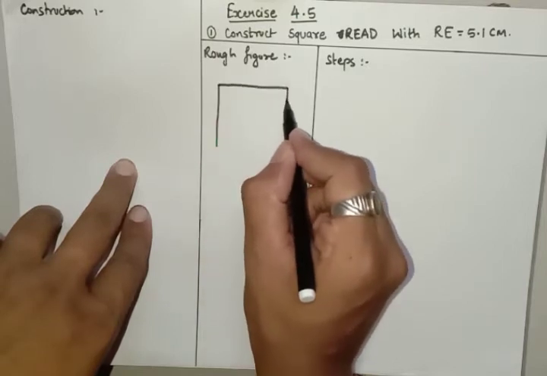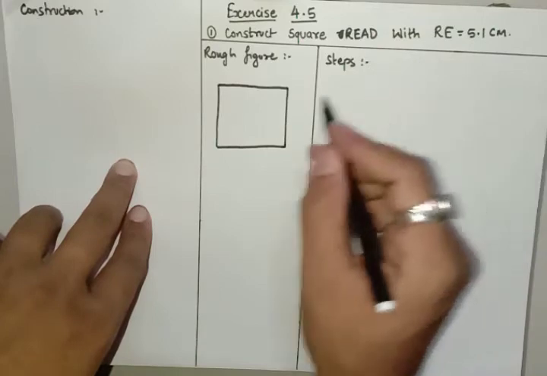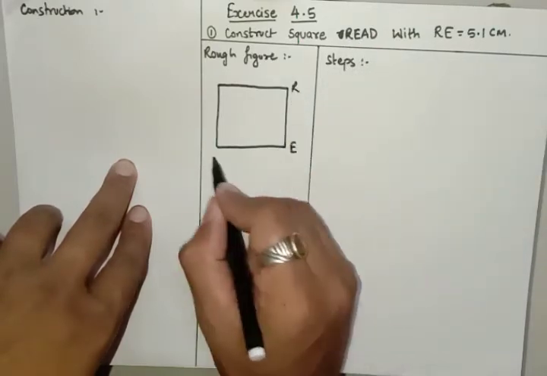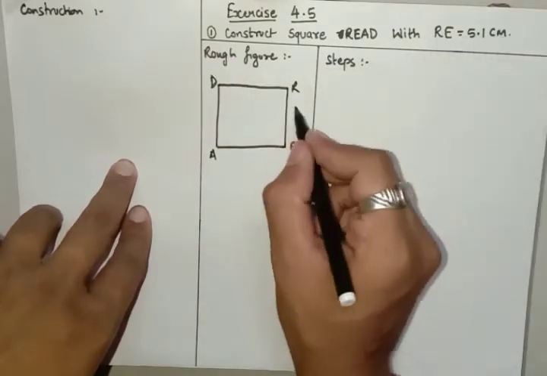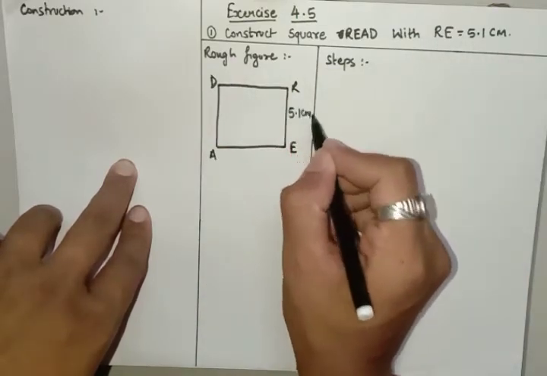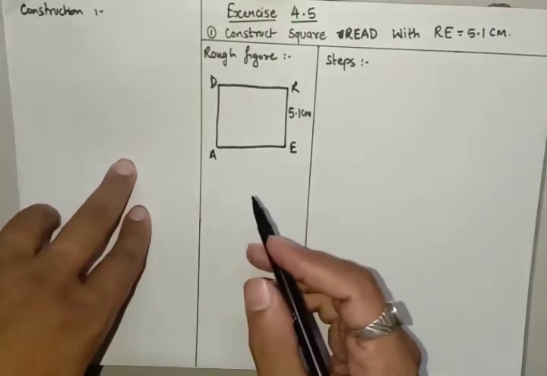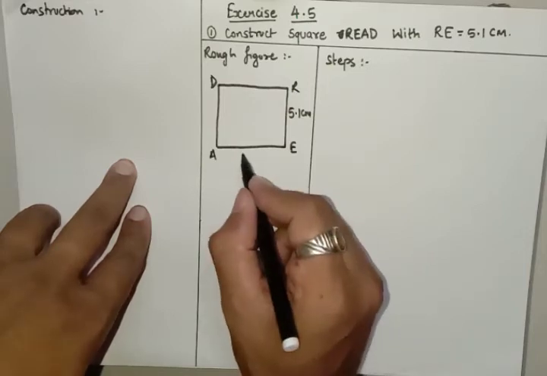So I am drawing a rough figure here. The name of the square is READ. The measurement of RE is 5.1 centimeter. We all know that a square is a figure whose all sides measure the same, right?